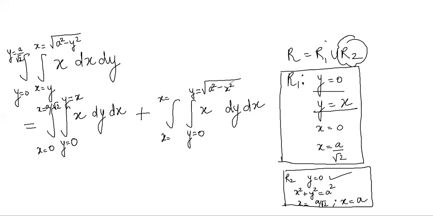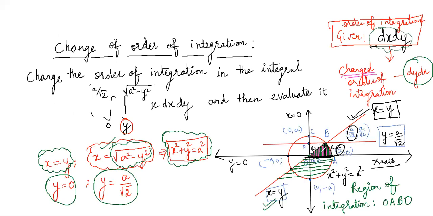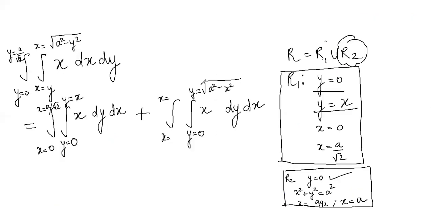We will be considering it with positive sign because it is clear here in the figure that the region of integration is in the positive quadrant. So y will be positive. And the limits on the outer integral will be, here the first strip is at x equal to a by root 2.